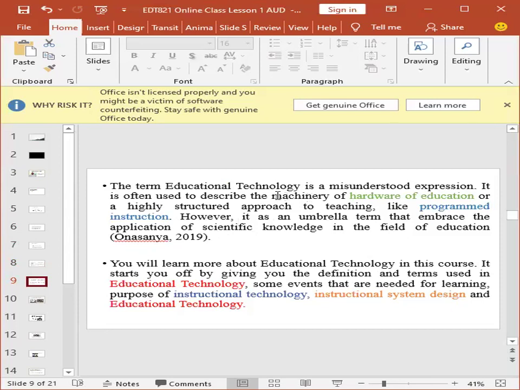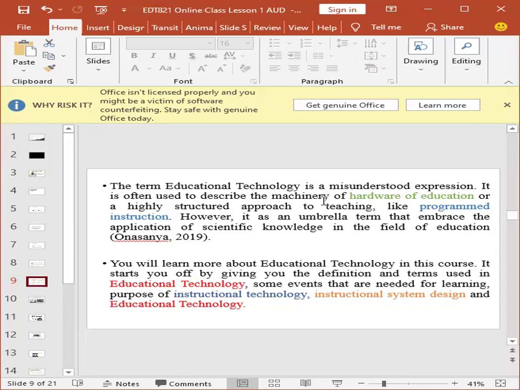Some people define the term educational technology the way they perceive it. Some say educational technology has to do with machines, products of engineering that we normally use in teaching learning process. So also programmed instruction or a highly structured approach to teaching.